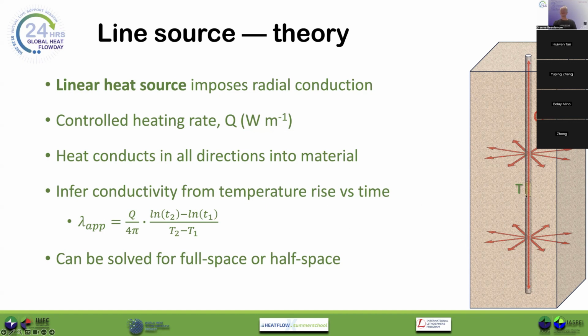And the mathematics of the diffusion of heat, the conduction of heat from the source, can be solved for either a full space conduction or half space conduction, and different applications of this line source method have been developed for either full space or half space applications.